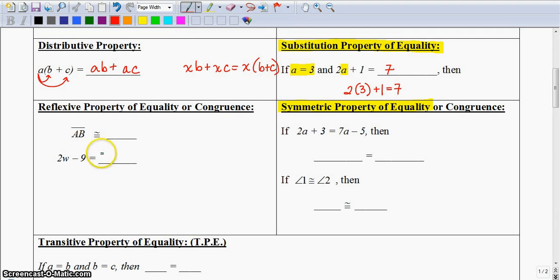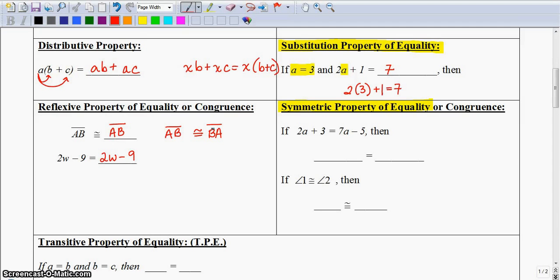Reflexive is saying that something is equal or congruent to itself. This is also reflexive. Even though the letters are backwards, you're talking about the same segment.